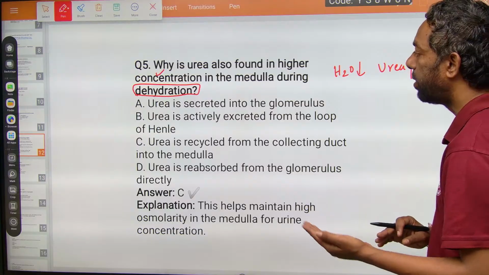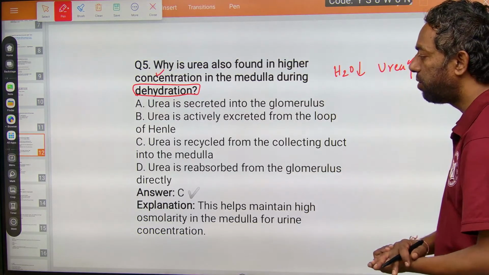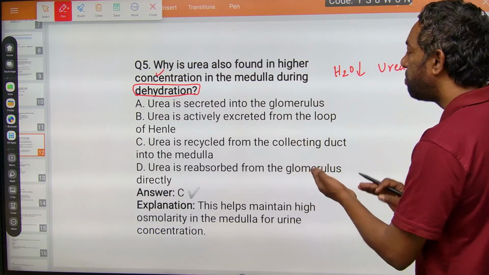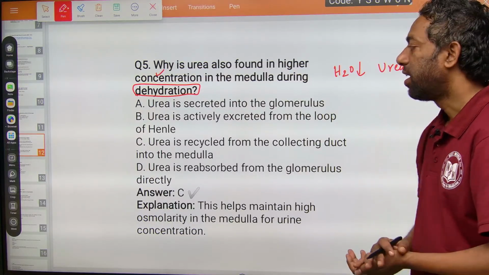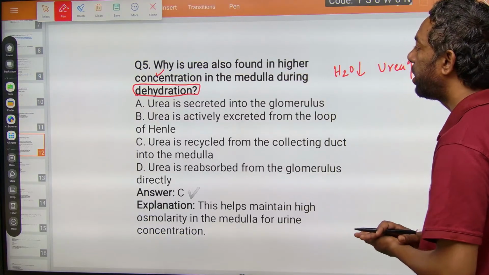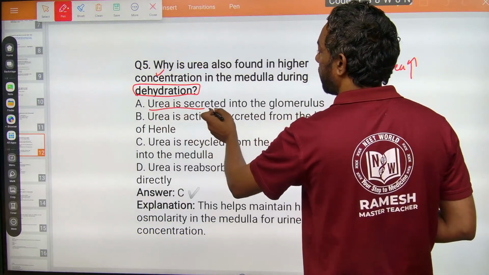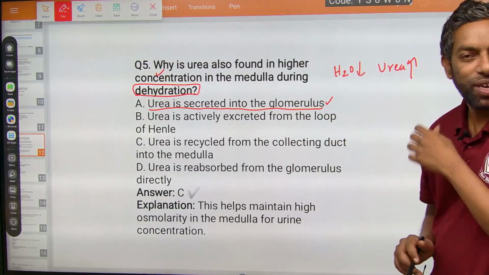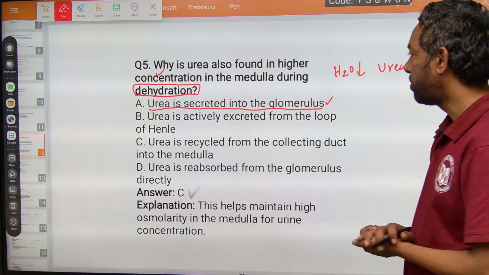Third option, urea is recycled from the collecting duct into the medulla, and option D, urea is reabsorbed directly at the glomerulus. The first option is absolutely wrong: urea is secreted into the glomerulus. Of course, urea is secreted from the glomerulus into the Bowman's capsule.